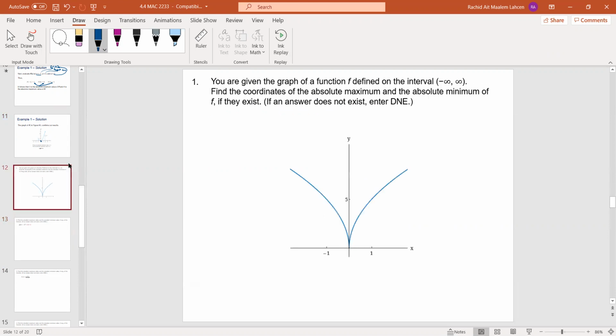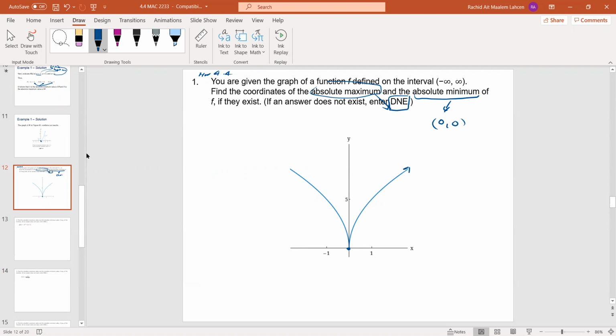For this first question from homework 4.4, which is similar to question 2 in the lecture activity, you are given this graph, and the absolute minimum exists there, and it's at 0, 0, but the absolute maximum does not exist, because there is no maximum.